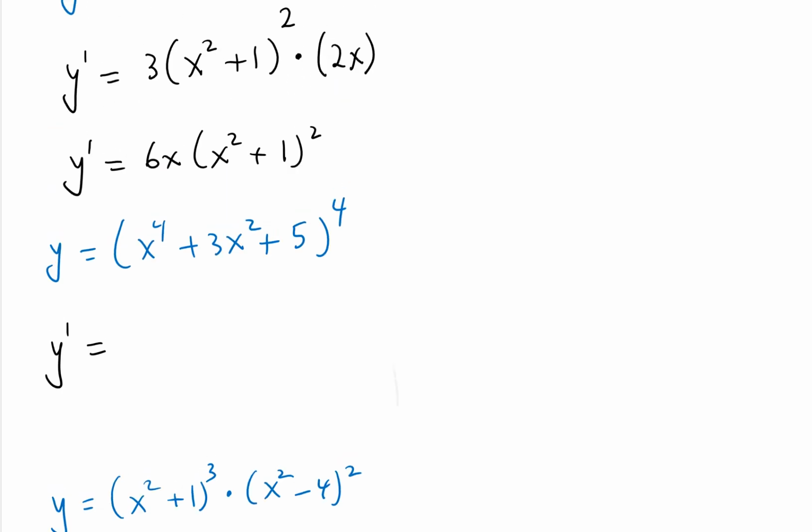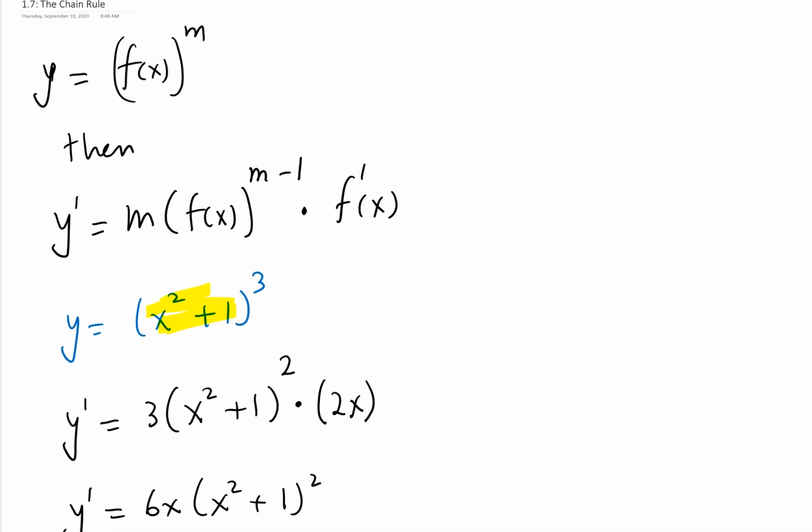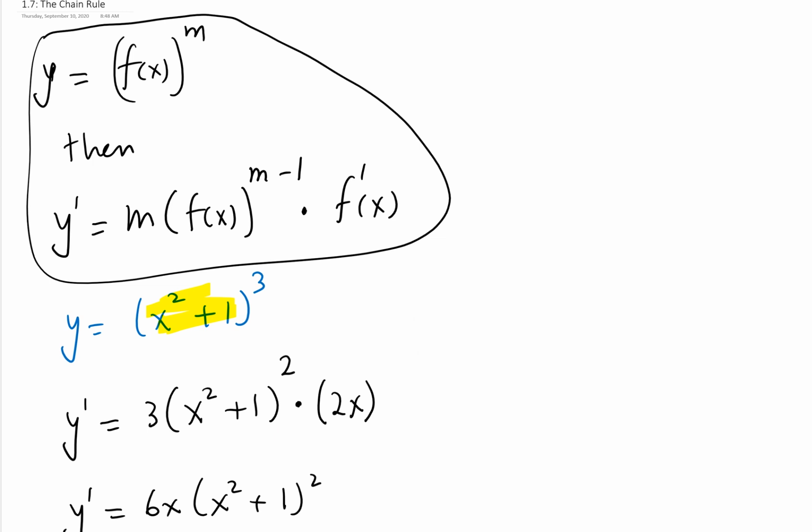How did we find the 2x in the previous example? Watch, this is the chain rule. It says you bring the m down, subtract 1 from m, times the derivative of the highlighted part.